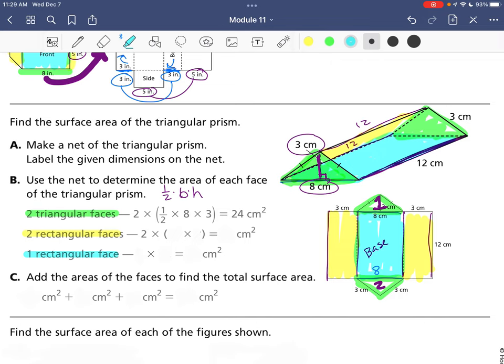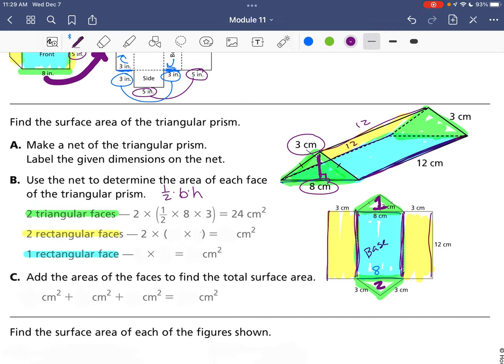Okay, so rectangular faces. Area formula for rectangle, what is it? We have length times width, base times height, either one. And then making sure we're doing our correct units. So there's nothing written here or here. What is gonna be my height in this picture? My height of this base piece.